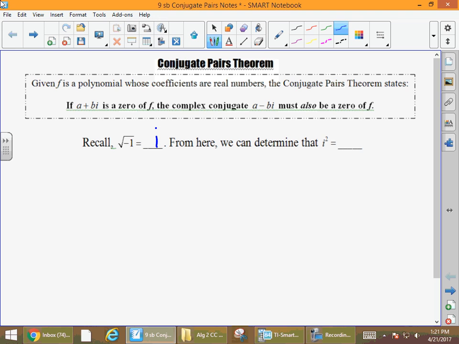There's an involved explanation for it, but i squared equals -1. If you want the long involved explanation, we need to do that just you and me. But I'm going to highlight this because we're going to need to use that. So i squared is -1.